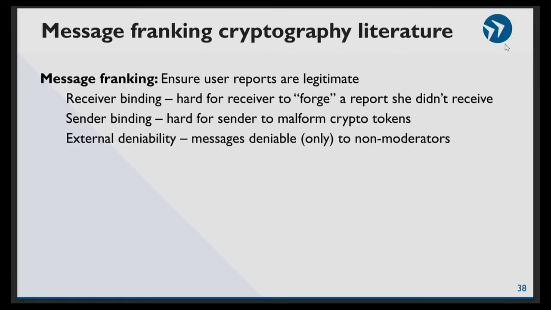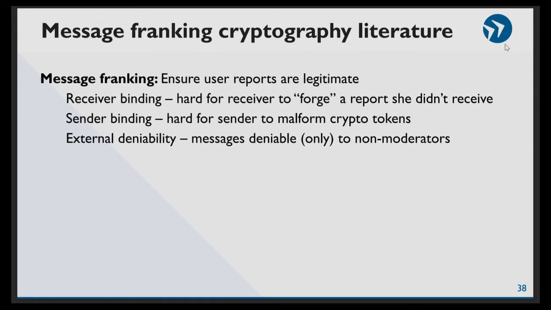There is a whole lot of focus on user reporting in the cryptography literature, and the main focus is on this thing called message franking, which is an authentication mechanism to ensure that user reports are legitimate. So they have these 3 properties. One, it's basically hard for a receiver to forge a report. So if I just didn't like Joan, we don't want me to be able to frame Joan for sending a message that Joan didn't actually send me.